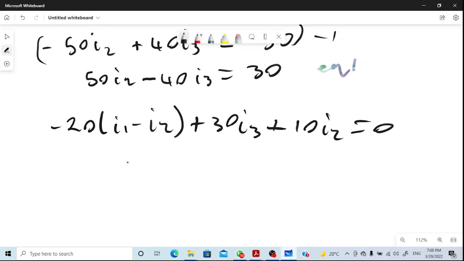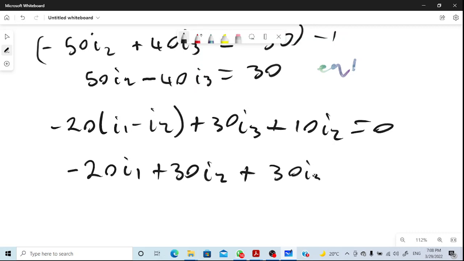Okay, now I'm rearranging and adding the like terms. Alright, so when I rearrange and add the like terms, I'm gonna have minus 20 I1, then plus 30 I2, then plus 30 I3 equals to 0.